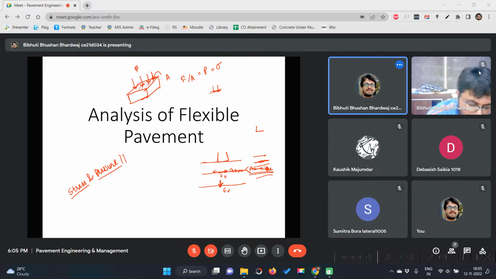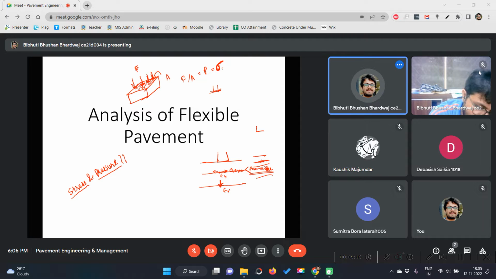Now, because of this force F, do you think this will be the only stress generated in this object, the only kind of stress? No, sir. What other kinds of stresses can be generated?